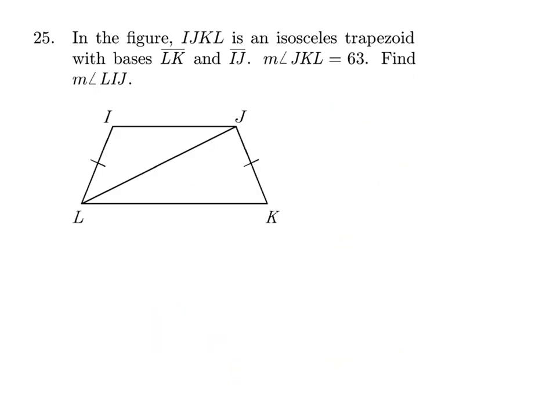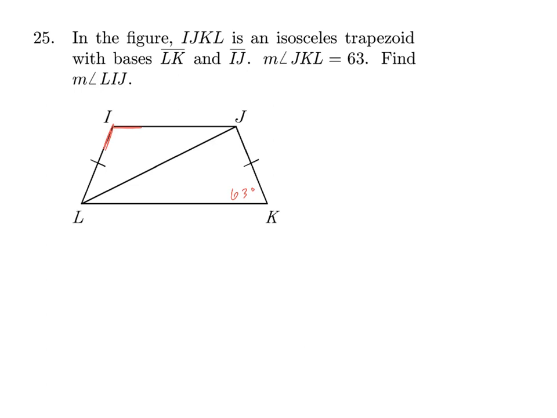All right, in the figure, IJKL is an isosceles trapezoid with base LK, and angle JKL is 63 degrees. Find angle LIJ, this angle.